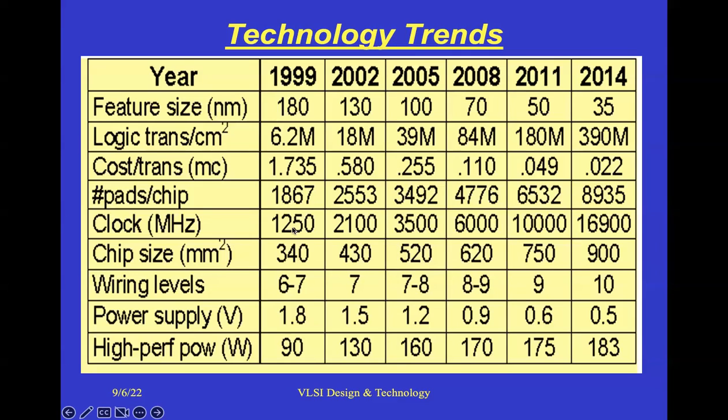Then you can see clock is phenomenally increasing from 1.2 megahertz to 16,900 megahertz, right? So it is more than 10 times of the initial 99 year. Then chip size, you can see chip size is increasing, okay, wherein you are able to integrate more transistors. Wiring levels, I was talking to you about the sandwich, right?